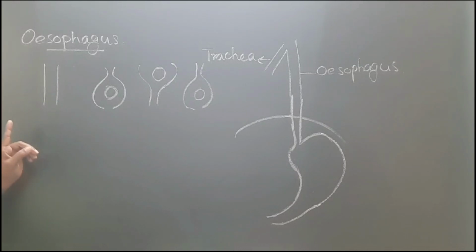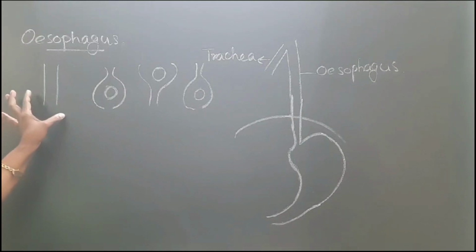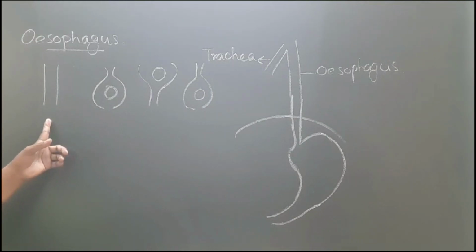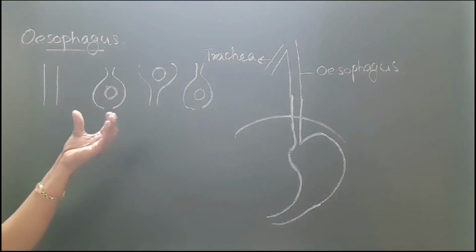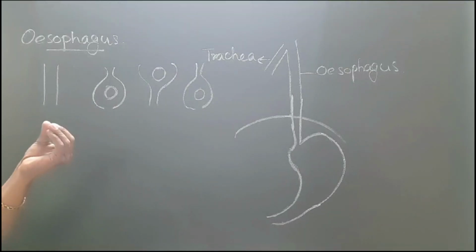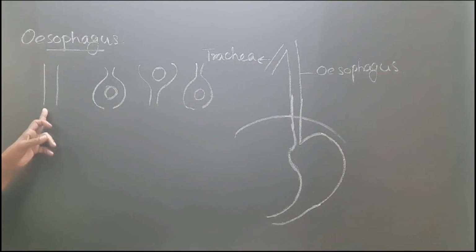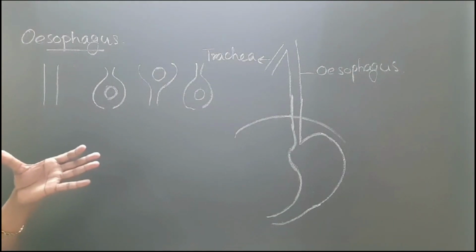First of all, we should know what the esophagus is made of. The esophagus is a tube which is made up of muscles that can expand and relax and show peristaltic movement.